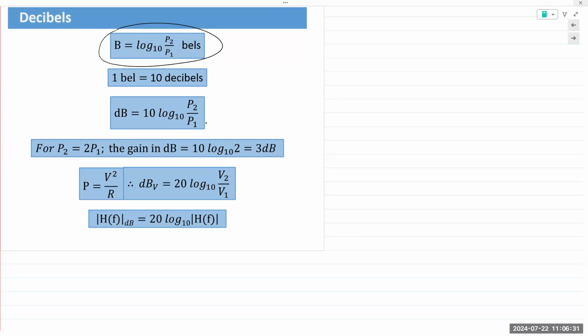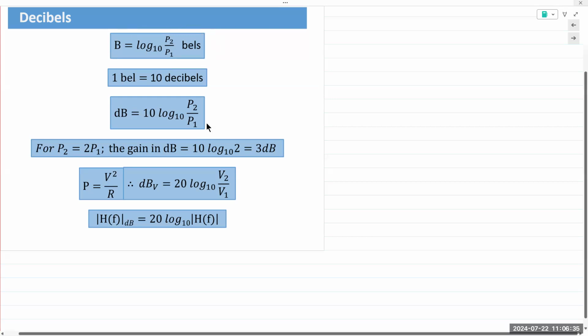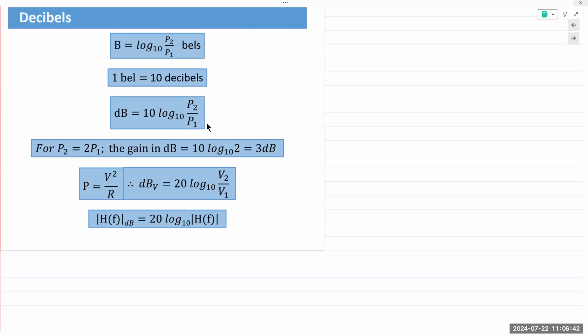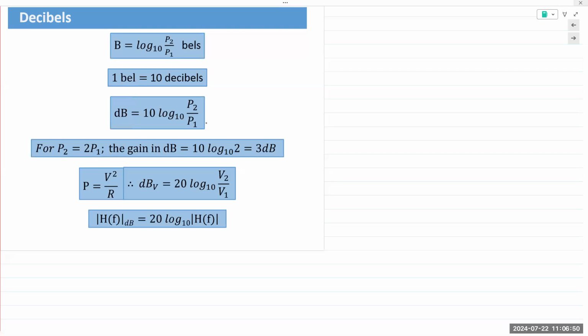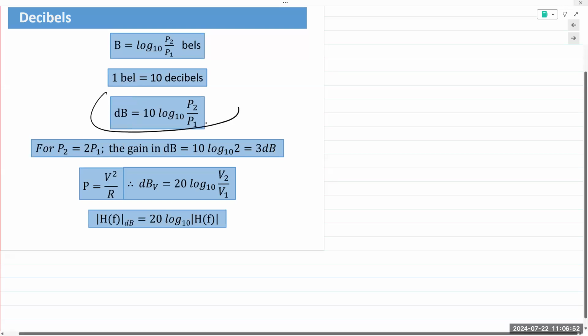So they came up with a new term to describe it, right? Bell. And 1 bell is equal to 10 decibels, which nowadays you might more commonly know by its short form or acronym, dB. So 1 dB is technically given by 10 times log of the ratio of the 2 powers.